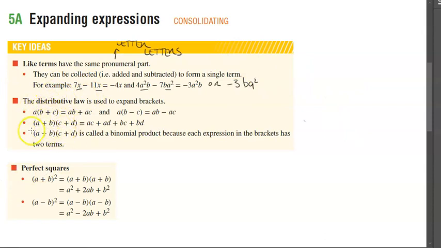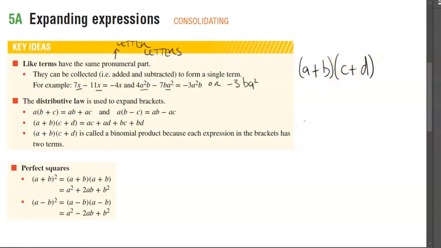Now, where we extend on this is when you have both collections of terms within brackets. In this case, we have an a and b and we have a c and d, both of them in brackets, and they're being multiplied with each other. So what's going on is we are distributing these terms out, but we're distributing the a with c and d and the b with c and d.